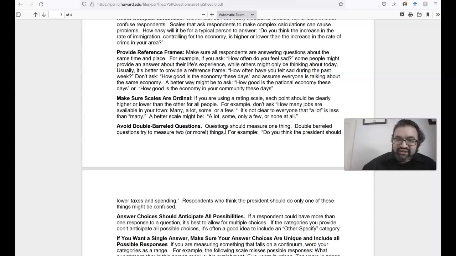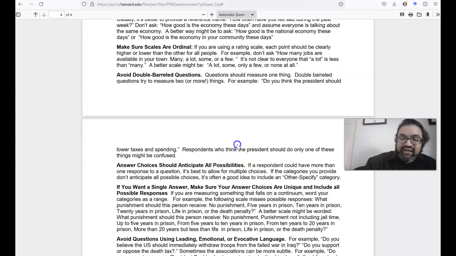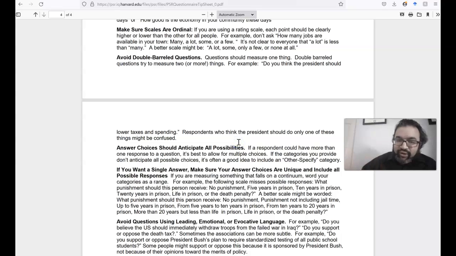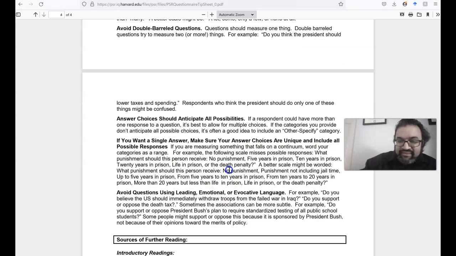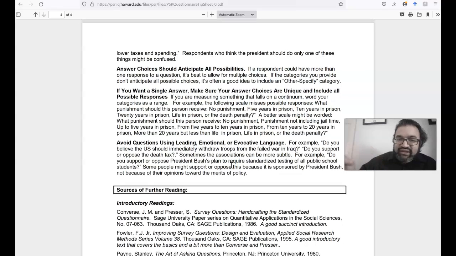So that's a good one, because there's only one thing that a question can measure. I fall into this trap sometimes where I'm trying to ask too many things, and sometimes it's important to ask one question at a time within a questionnaire. Answer choices should anticipate all possibilities. Self-explanatory. If you want a single answer, make sure your answer choices are unique and include all possible responses.